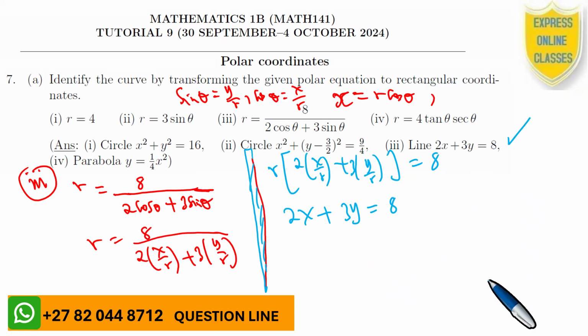So we've therefore been in a position to just substitute the cosine theta, which is x over r, and the sine theta, which is y over r. x squared plus y squared is r squared.